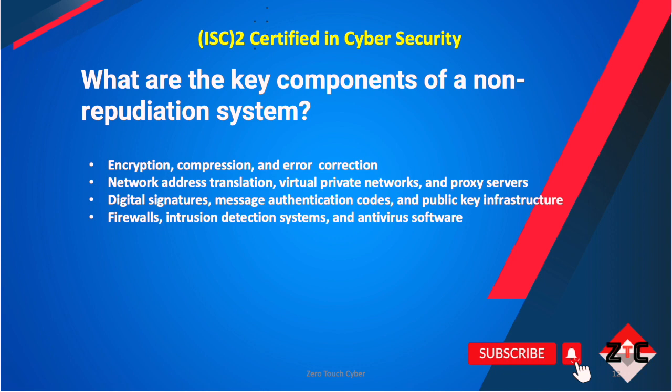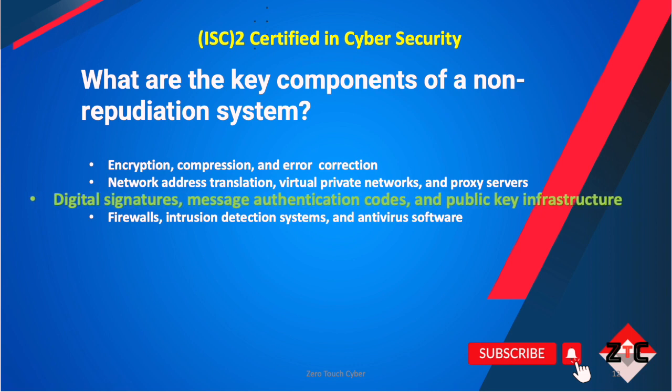The key components of a non-repudiation system are digital signatures, message authentication codes and public key infrastructure. Digital signatures are used to provide evidence of the authenticity of the origin of a message or transaction, whereas the message authentication codes provide a secure means of verifying the integrity of a message or transaction.